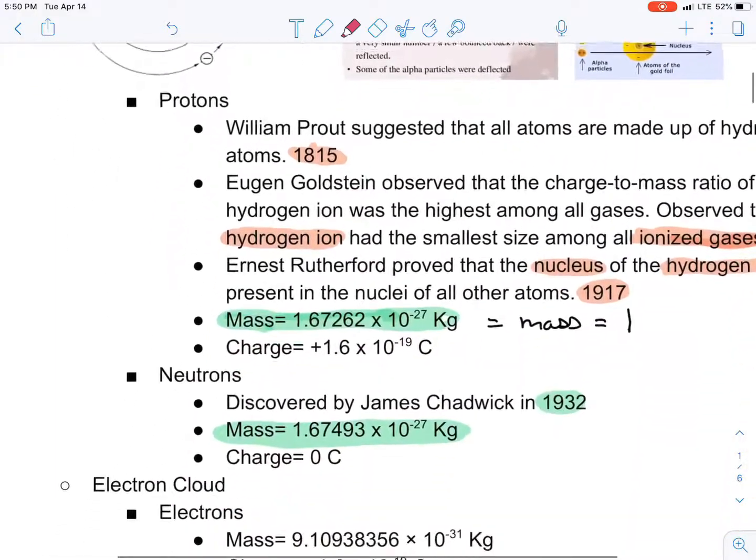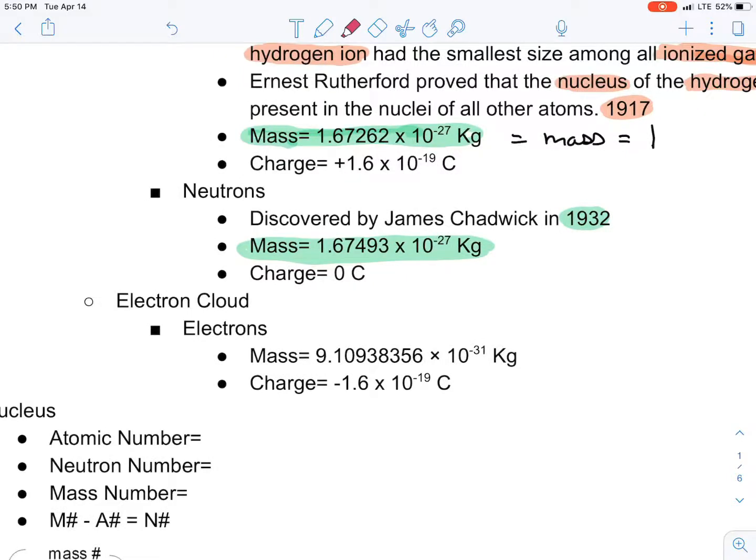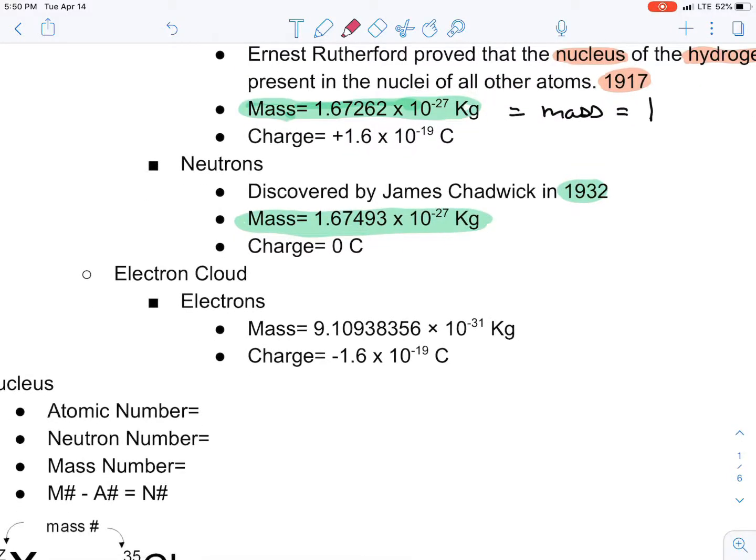All right, let's go up here. Oh boy, I just said I wasn't going to look at this, but I am, because look at this, the mass of an electron. Way, way small, right? It's even small compared to the protons and the neutrons. They're so small, they don't even count the mass when they're doing the relative mass of an atom.